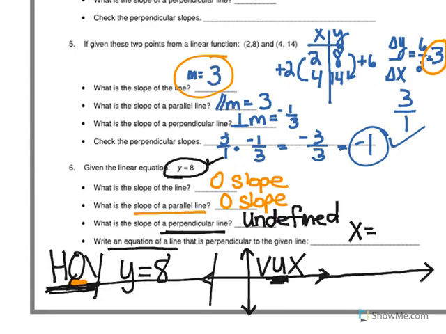So you could pick any point along the x-axis and it would be perpendicular to the Hoy line. So I'm going to say, how about x equals -2? That'll work. Or you could say x equals 10. Or you could say x equals 1012. Whatever. It just has to be an x line, a Vox line. And that'll be perpendicular to your Hoy line.